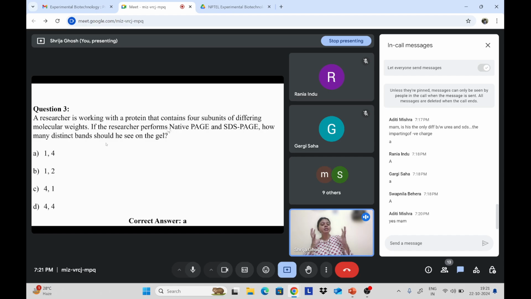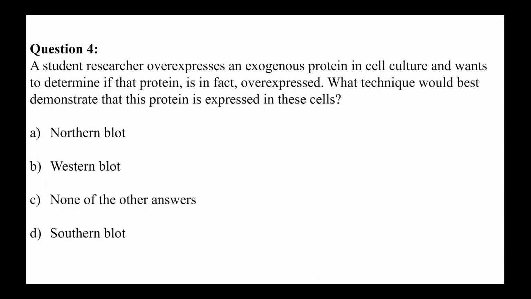Whereas in native PAGE, everything will be in one single unit and you will see one single band for the protein. Okay, so one band for native PAGE, and 4 different bands for SDS PAGE because the 4 subunits have different molecular weights. Moving on to the next question now.